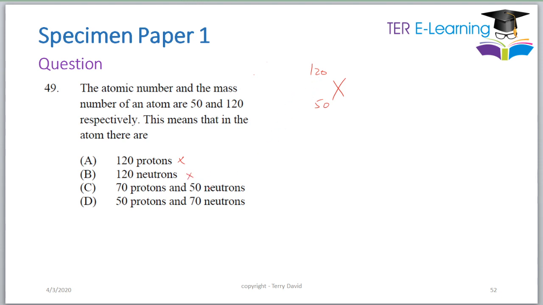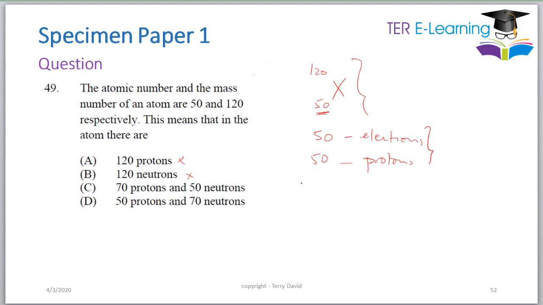From this, we know we have 50 electrons. That's this number here. We also have 50 protons. These two numbers are always the same if what we are representing has no charge, so the number of electrons equals the number of protons.